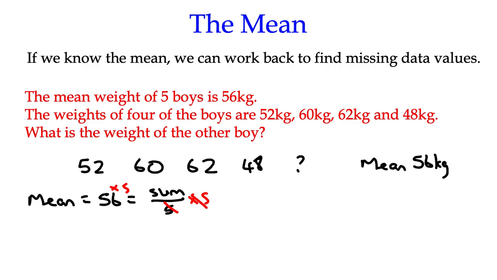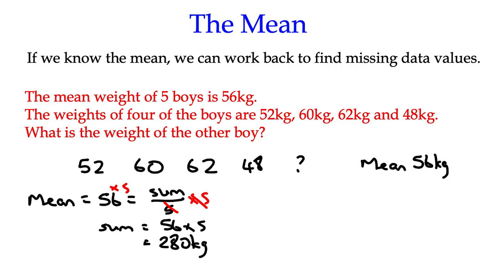It makes sense that the individual value would be 56 if it were all shared out. So the sum is 5 lots of 56, which is 250 add 30, which is 280 kilograms. So the total, if we added up all 5, would be 280 kilograms.